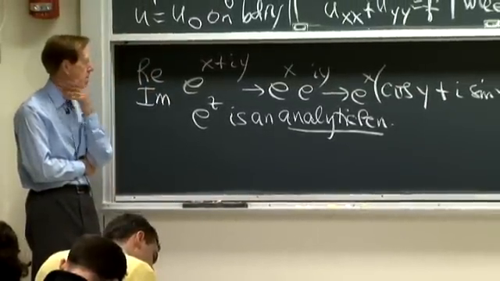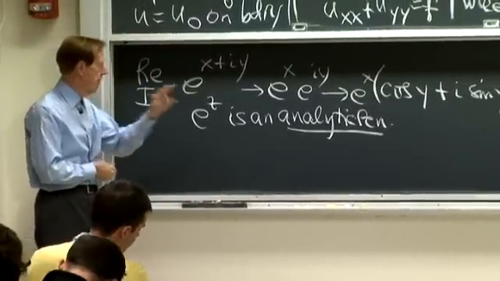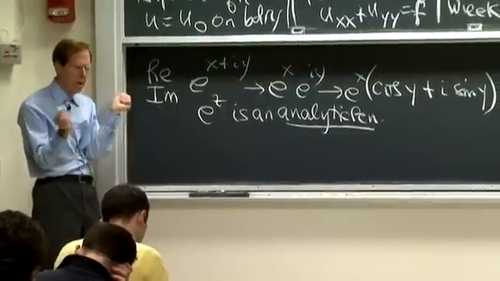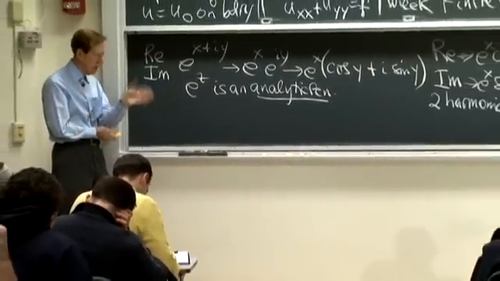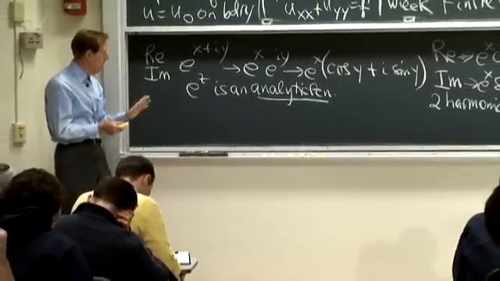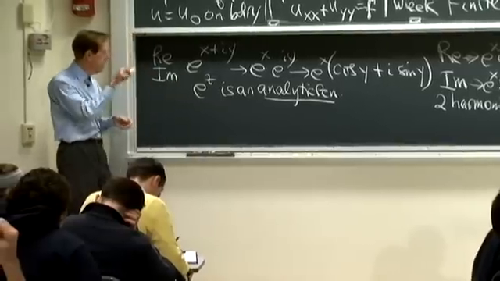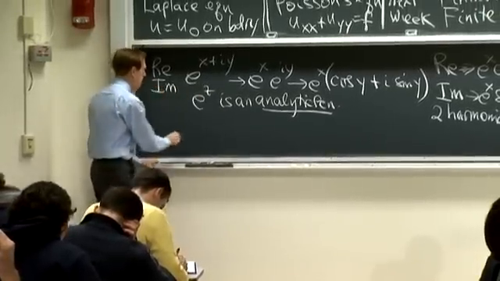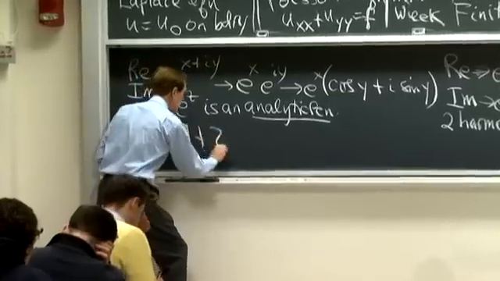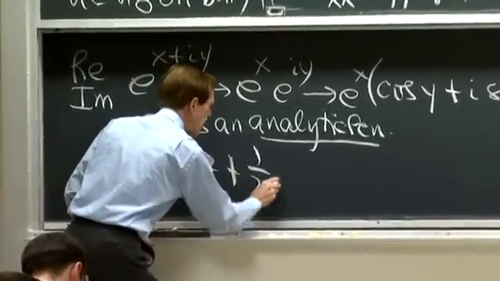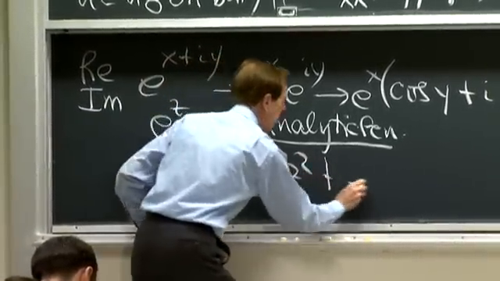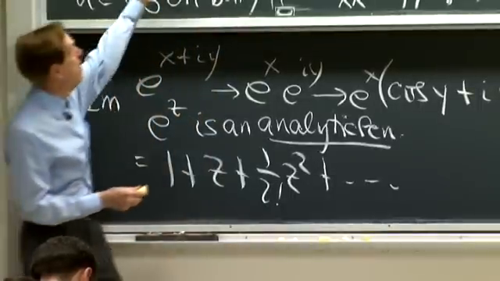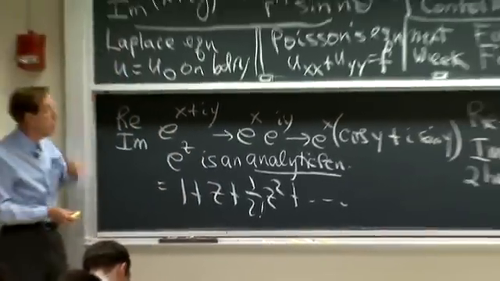Actually, what does it mean? It's a function of z. So we're in the complex plane here now. It's a function of z, e to the z, and it can be written as a power series, of course, 1 plus z plus 1 over 2 factorial z squared and all those guys. So it has a power series. That makes it a combination of our special ones.